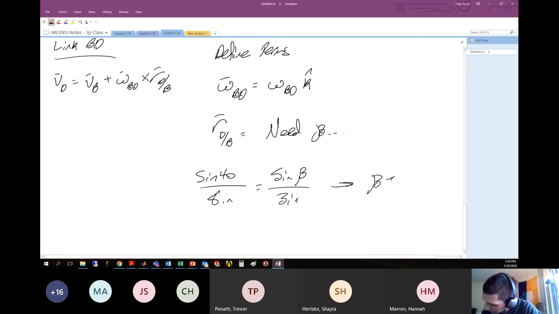This will give us that beta approximately equals 14 degrees. Okay, so a small angle, which we can anticipate just by looking at the picture.